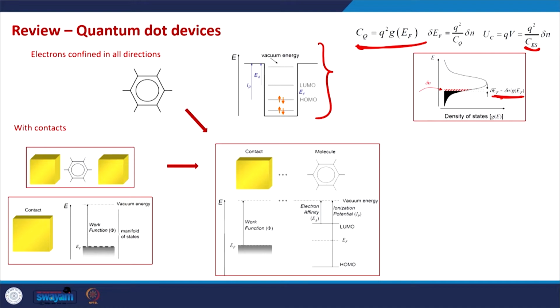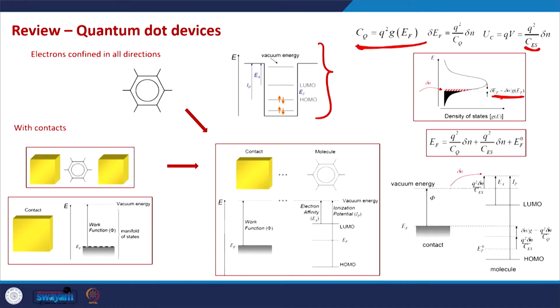In total, we need to consider both of these effects, and so the Fermi level of the device can be written as the Fermi level of the quantum dot without the contacts, plus the contribution in the change of Fermi level due to quantum capacitance and the contribution due to the electrostatic capacitance.